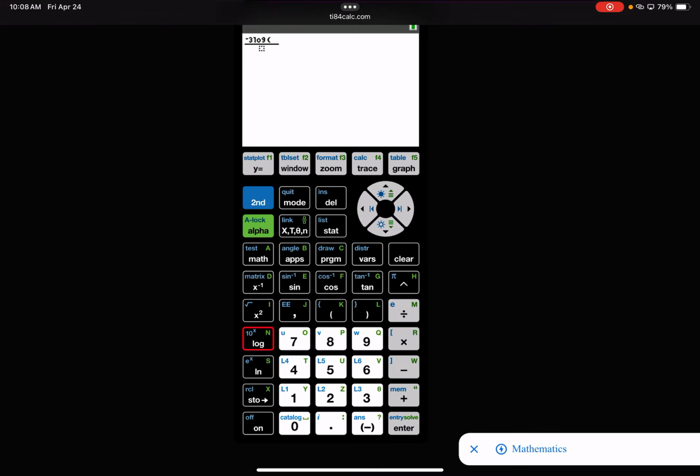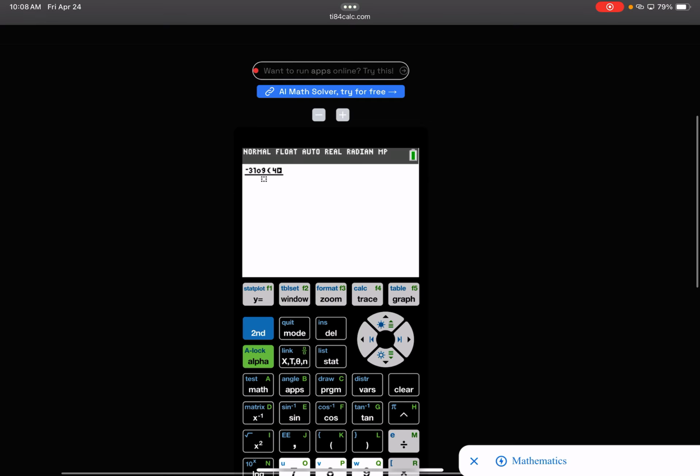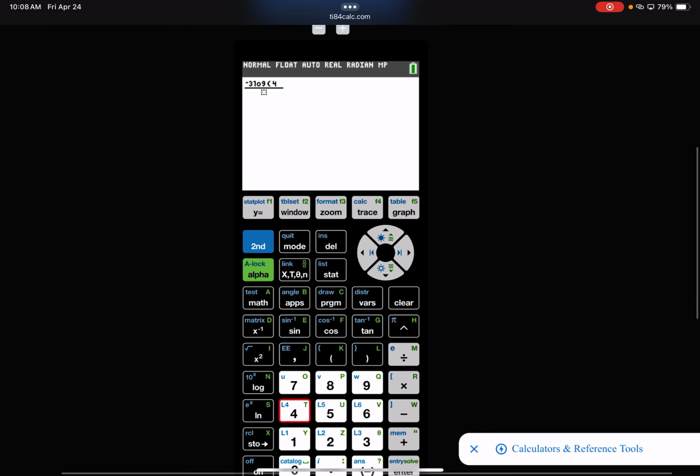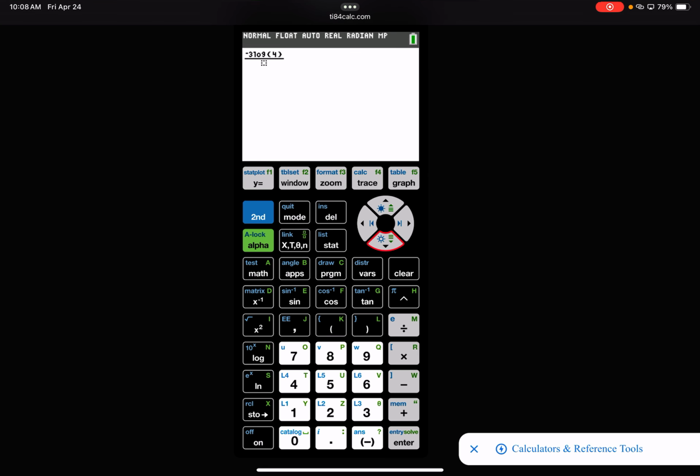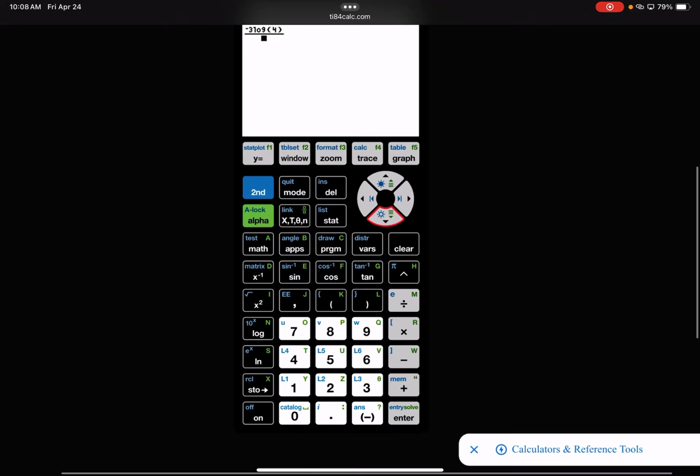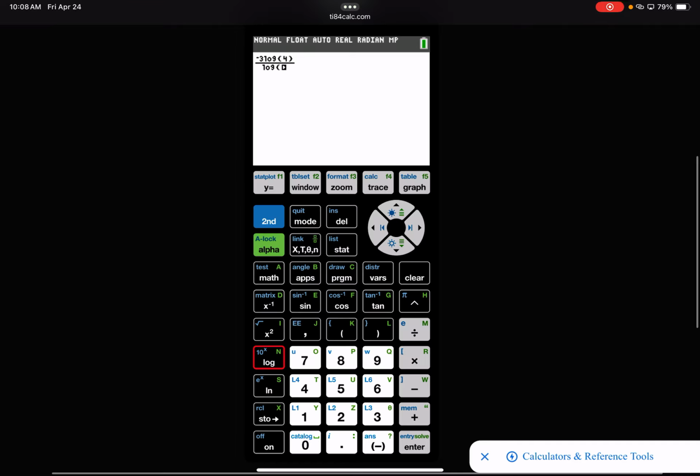And then we want to close our parentheses, and then hit the down arrow to go down to the bottom. Since we have this fraction feature, I don't have to put all this in parentheses, but if you didn't, you'd have to. So this was log of 4 plus log of 3, and make sure we close that parentheses so it knows that's the end of that log.